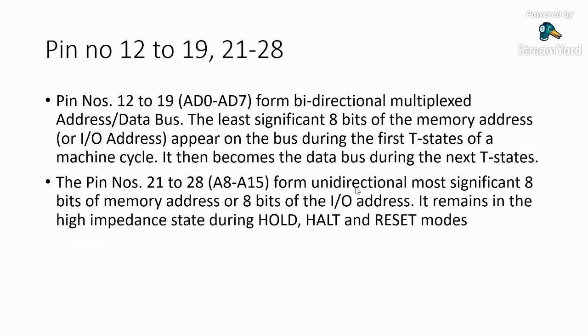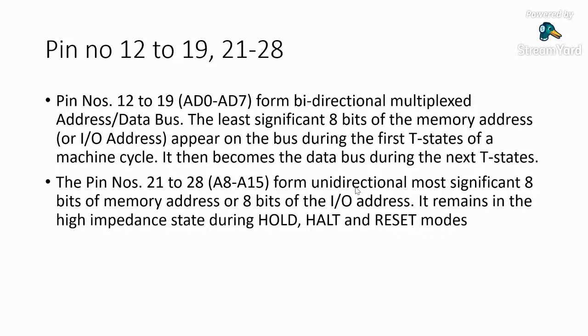And then we have pin numbers 12 to 19, and 21 to 28. Pins 12 to 19 are actually the bidirectional multiplexed address and data bus. The least significant 8 bits of the memory address or input output address appear on the bus during the first T state of the machine cycle.